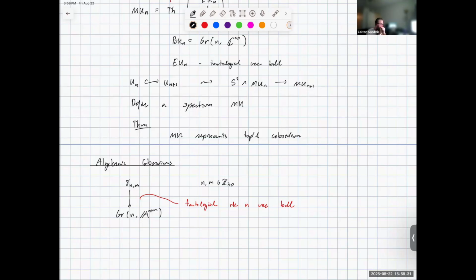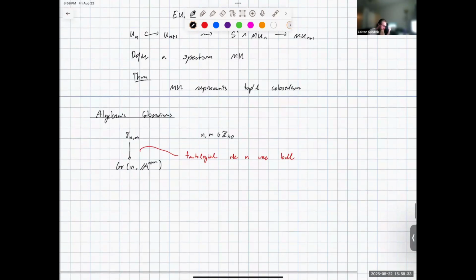This process is compatible with respect to the canonical inclusions.